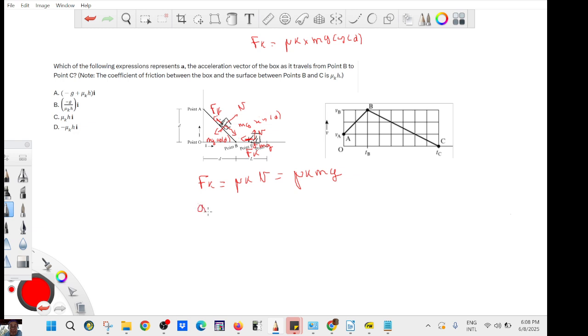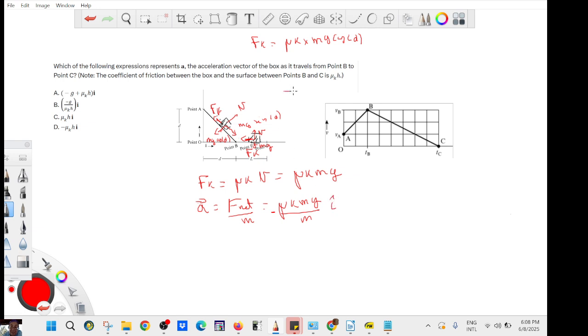Now, acceleration, that's what they want. They want you to find the acceleration, which is the net force divided by the mass. And I should put a negative here if I talk about the direction i hat.